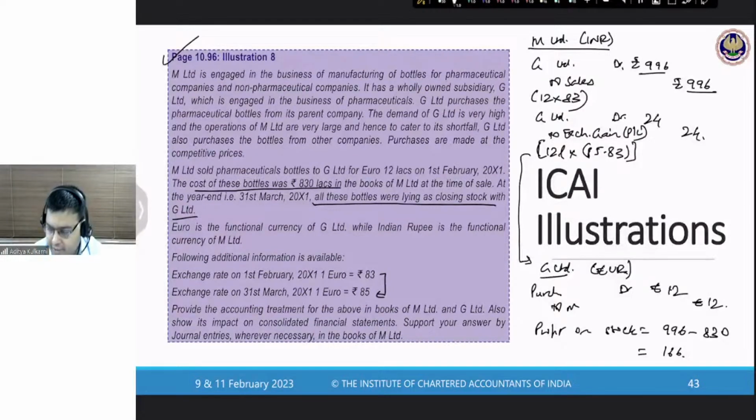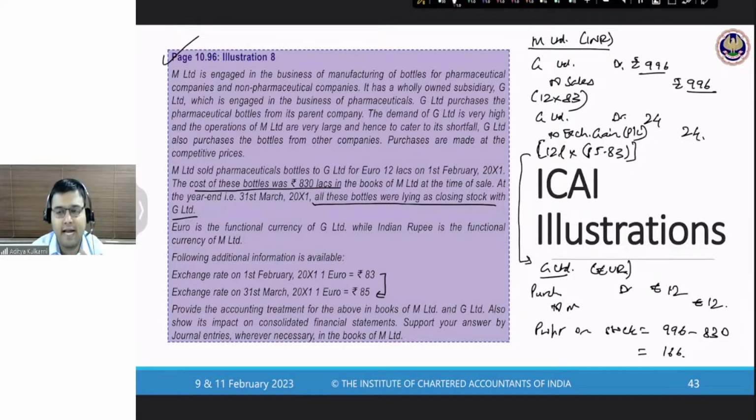Acha, what if M Limited made a sale to G Limited, denominating the invoice in dollars? There will be an exchange gain or loss difference for M Limited also and for G Limited also, because M is giving a dollar invoice, so it will get the payment in dollars.